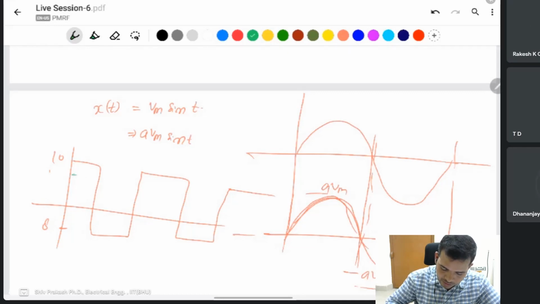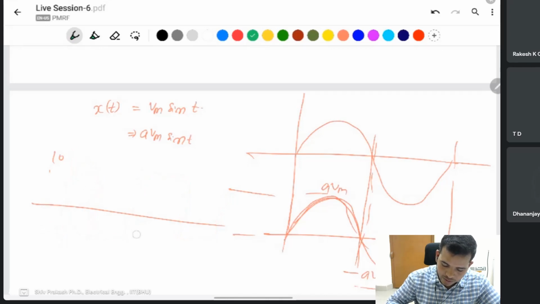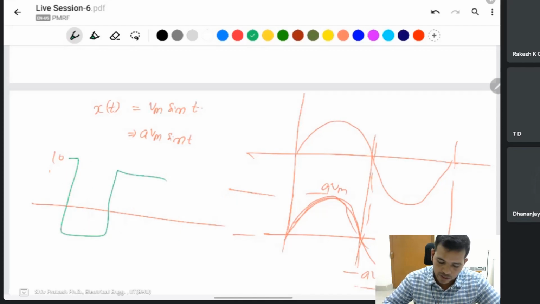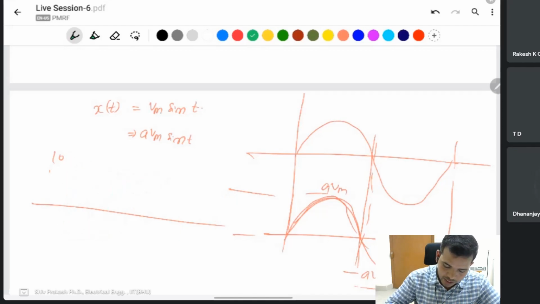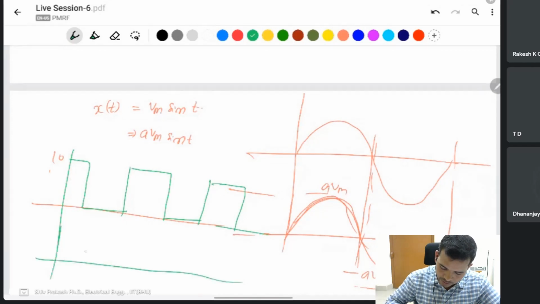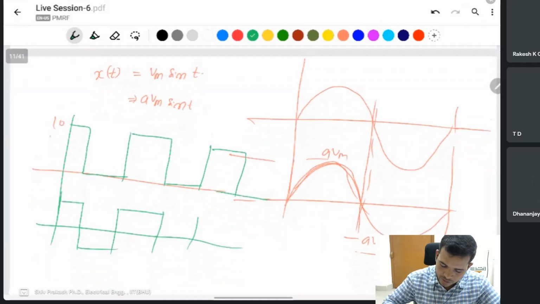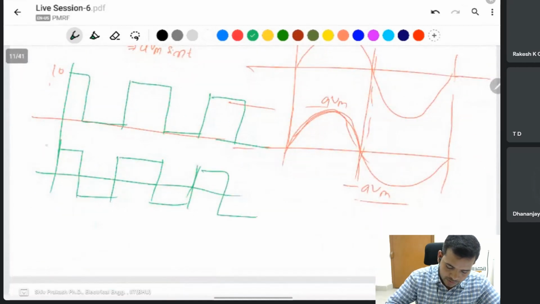No, sir, we can take the negative side to be 0 and then downshift by 5. Then 5 is the DC value. Now we are shifting this down by 5, so the top will become 5 and the bottom will become minus 5.